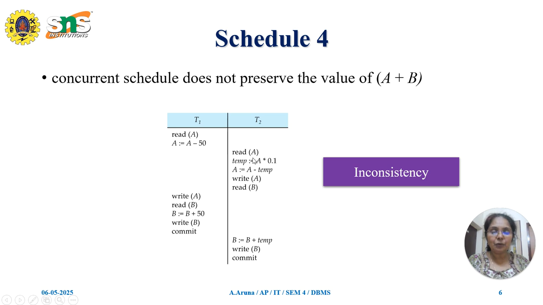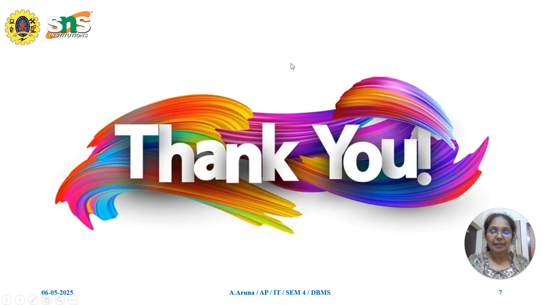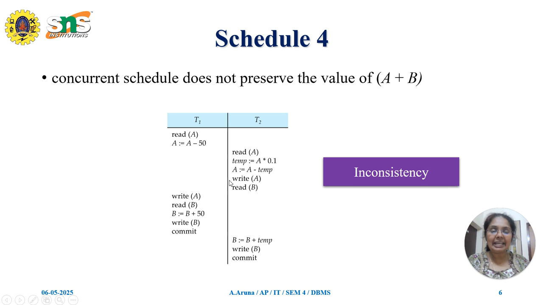In transaction 2, 10% of the balance amount is debited and updated. It reads the B account, then leaves the resource for transaction 1. In this case, the value of A has been updated by T2. It is not the original value that was read previously. So the data has changed, and we call this inconsistent. It is never used in our OLTP applications, because it never keeps the original value.